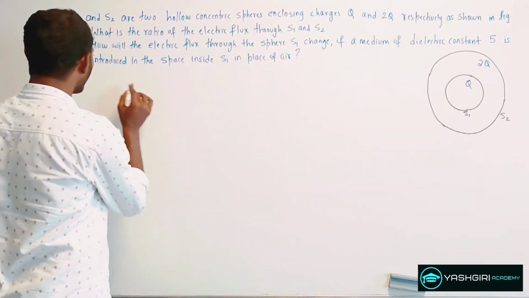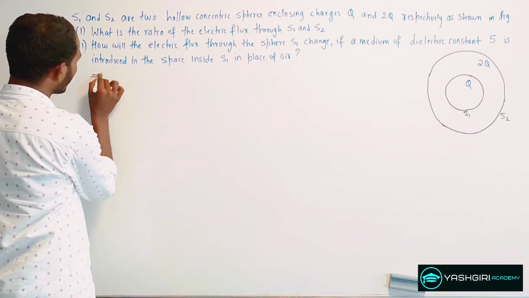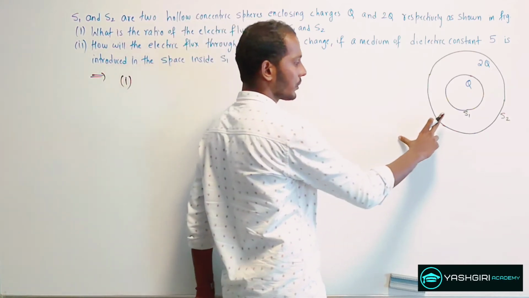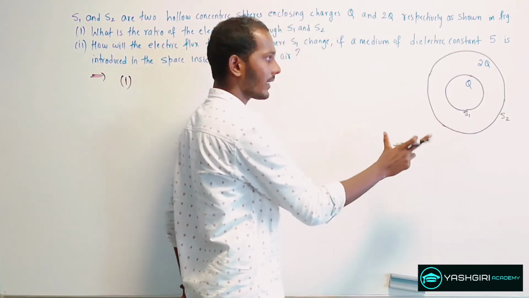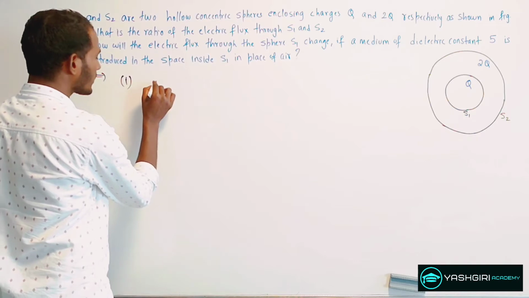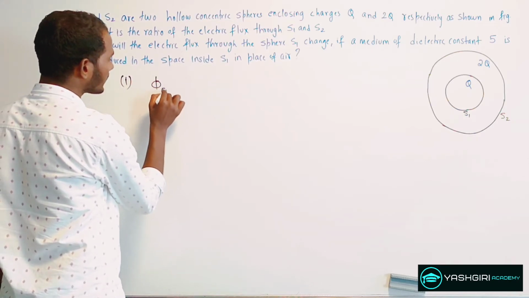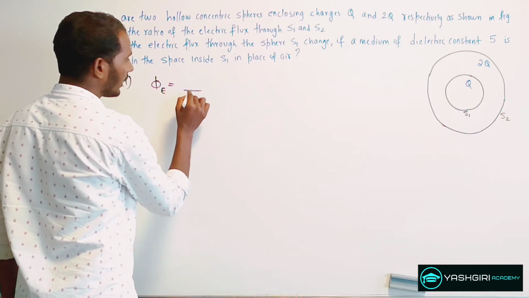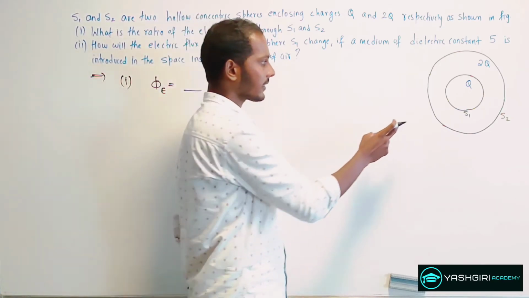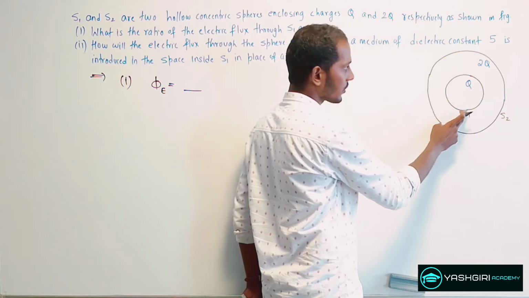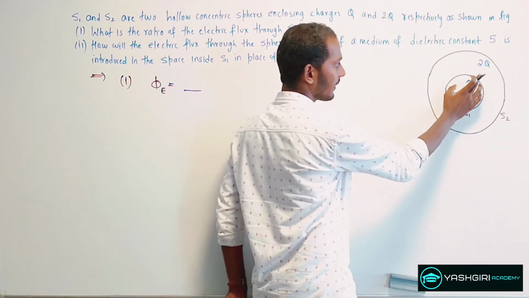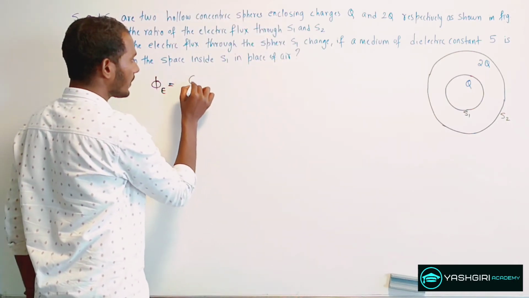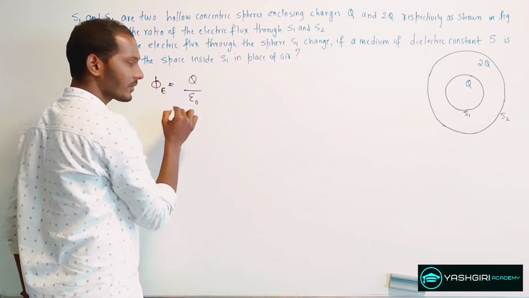So let's go with the first question. Now here these are your two hollow concentric spheres S1 and S2. So let's calculate the electric flux through the first sphere. In that case it will be the charge enclosed by this concentric sphere S1. So it's just Q that is inside this sphere S1. So in this case it will be capital Q by epsilon naught.